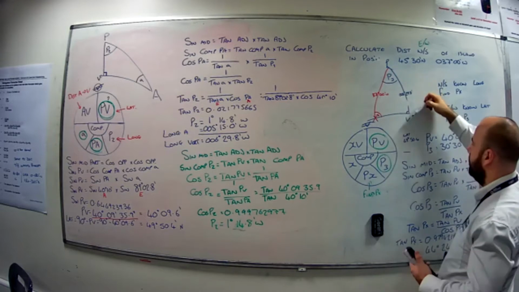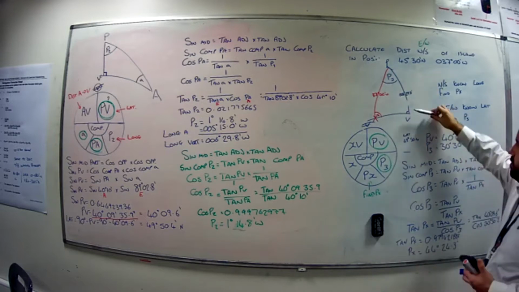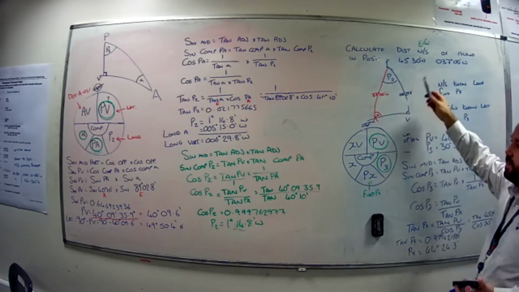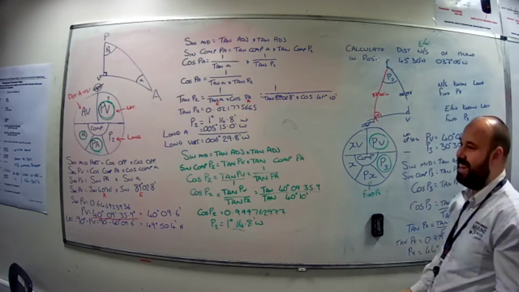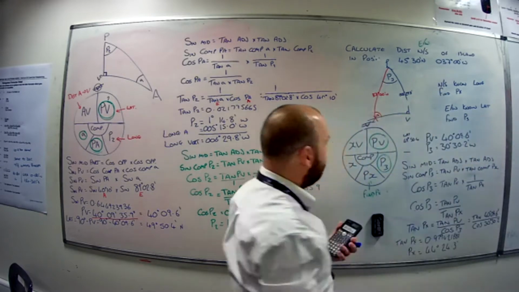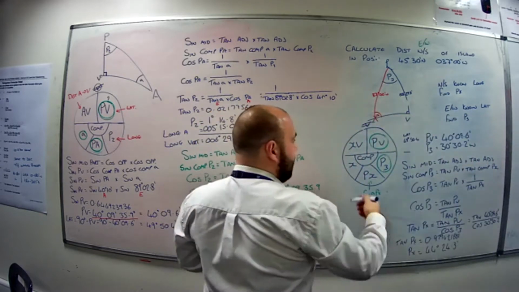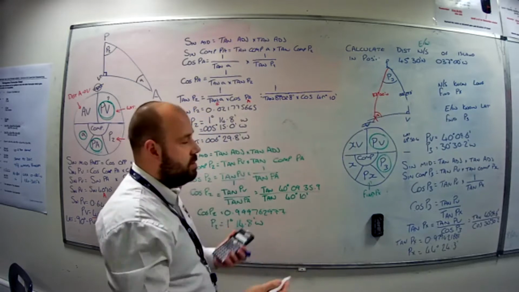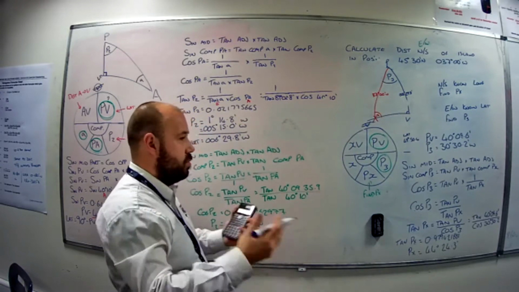PV was the pole to the vertex. If we knew the latitude of it, we could find PV. PA is 90 minus A. If you wanted to get A from PA, you would do 90 minus it again. If you want to get B from PB, you would do 90 minus PB again. It goes both ways.